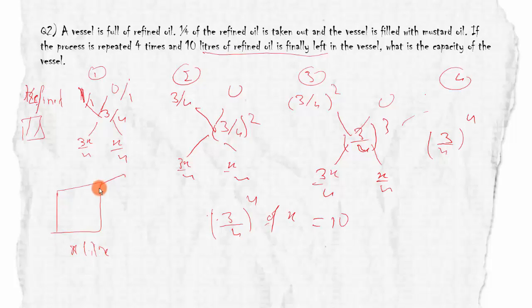Whenever we are mixing, we get x liters filled. We are always starting with 3x by 4 liters with this space empty, and after mixing we are getting x liters. So the final value is 3 by 4 to the power 4 of x, and we got x equal to 2560 by 81. We'll move to the next question.